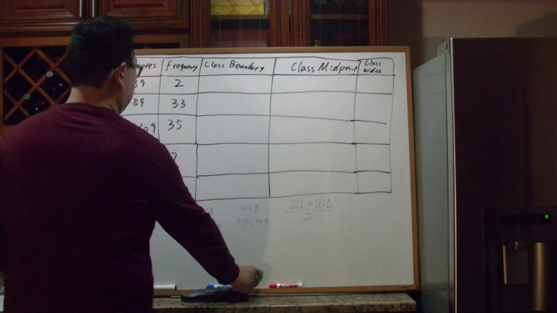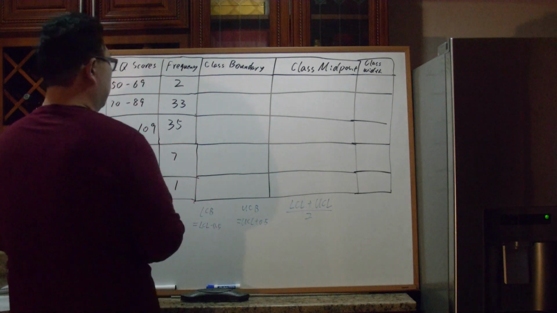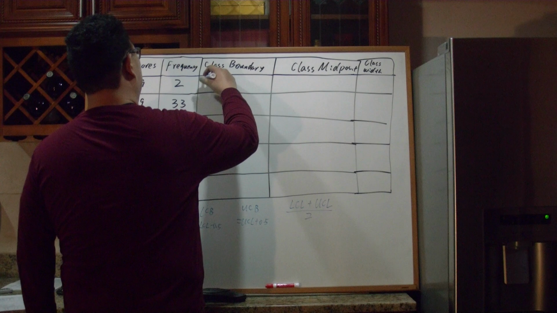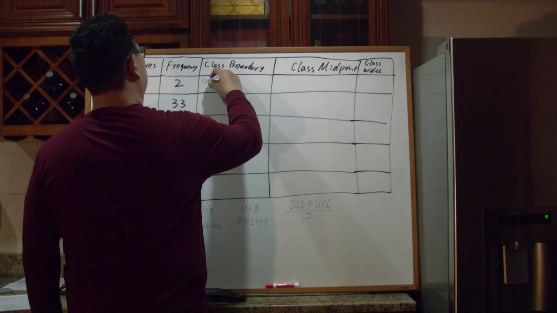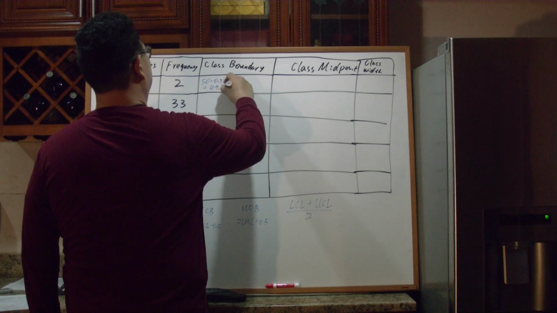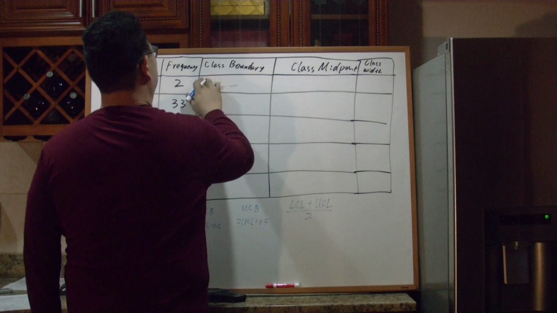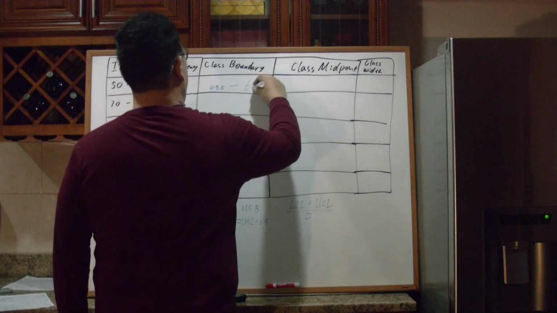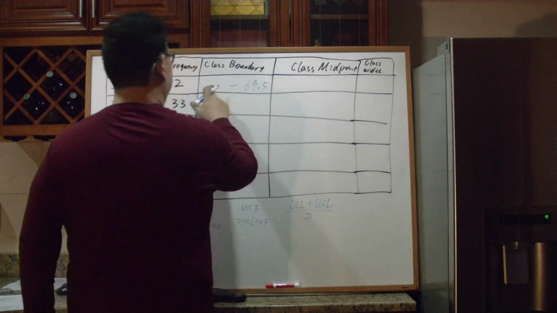The first class boundary we get is 50 minus 0.5, which is 49.5. The upper boundary is 69.5.